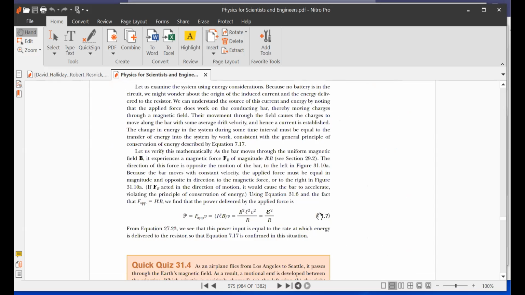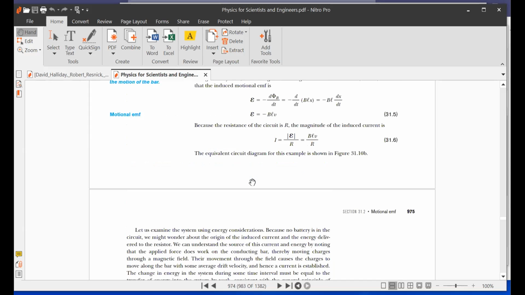What about the power delivered by the applied force? This power is equal to F, the applied force, times V. Because the applied force is equal to ILB, we get ILBV.